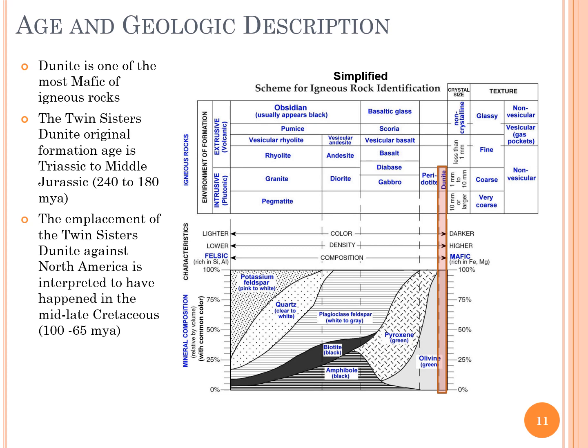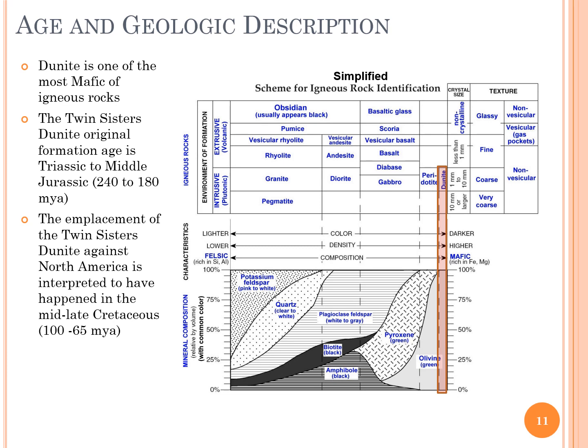Well, we can begin by looking specifically at how Dunite fits within the spectrum of other types of rock. And this is a complex diagram on the right, but we can just focus on the pieces that we want. As I mentioned, Dunite is an ultramafic. It's one of the most ultramafic rocks. The Twin Sisters Dunite, the ones in Washington State, formed way back in the Triassic to Middle Jurassic, about 240 plus to 180 million years ago.